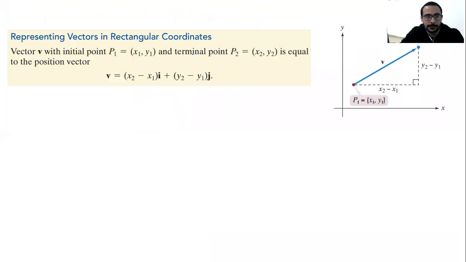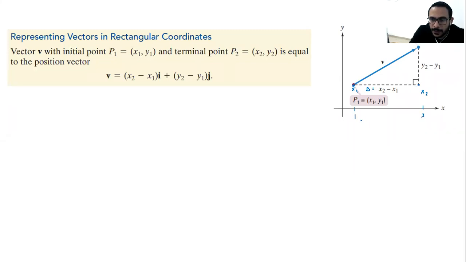Now, let's represent vectors in rectangular coordinates. When I have a vector with initial point (x1, y1) and terminal point (x2, y2), you know that delta x is the difference between x1 and x2. For example, here it's 3 and here it's 1.